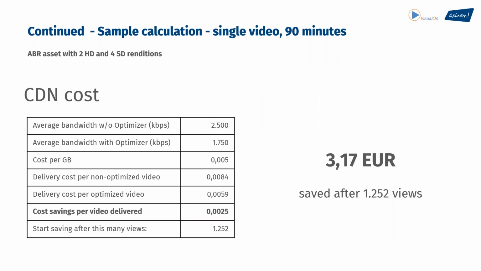It's really a small amount, 0.0025 euros, but you also have to only save €3.17 to get to the sweet spot, and that translates to 1,252 views in this case. Meaning, as soon as you have more than 1,252 views of that specific video that you encoded, you have saved these €3.17, and you just continue saving more the more you deliver that video.